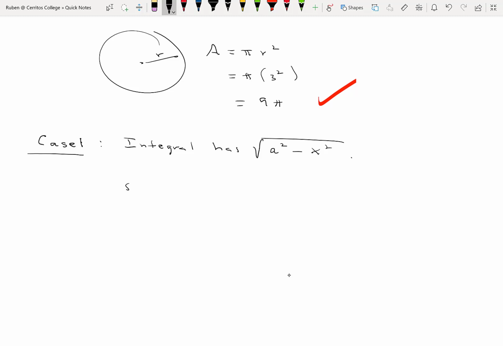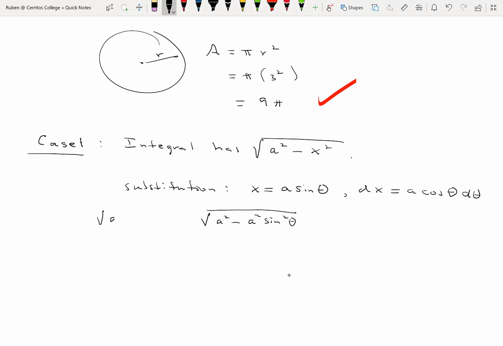So the substitution is x equals a sine theta. We also then have dx equals a cosine theta d theta. And that substitution will completely eliminate the problem. The problem was, or is, the minus sign.